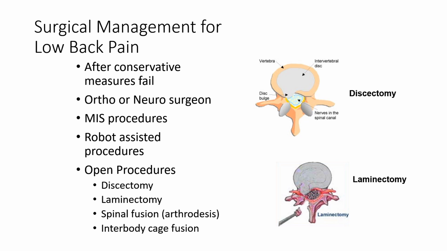The partial removal would focus only on the part of the disc that is impinging on the nerve root, and this is sometimes performed. A laminectomy, which you see in the bottom picture, is removal of part of the bony vertebrae to open up the space so that the disc has more room.